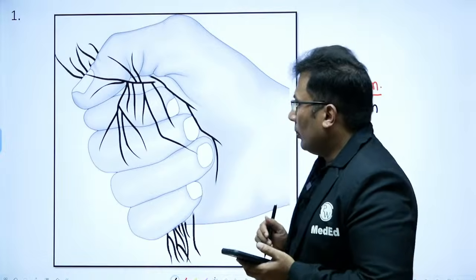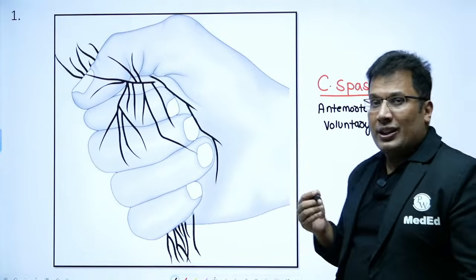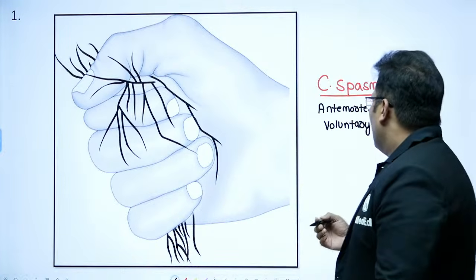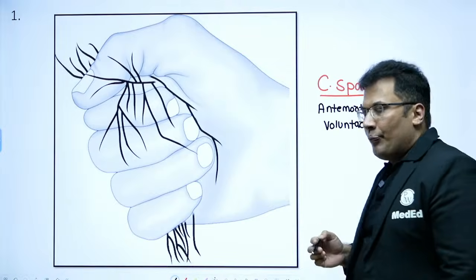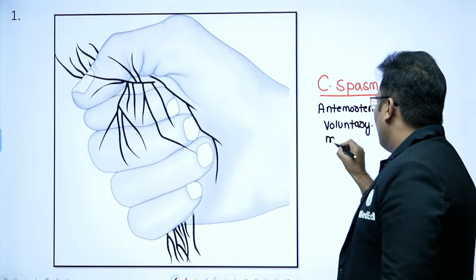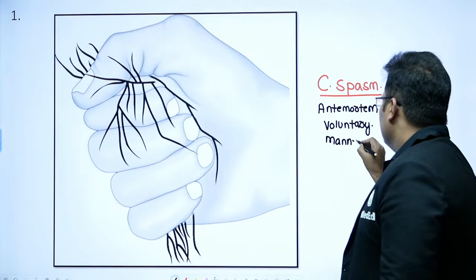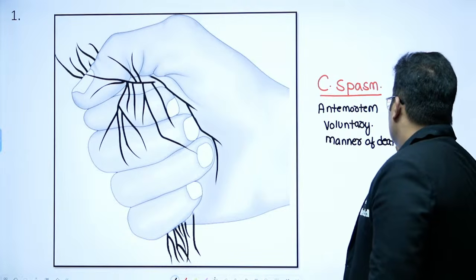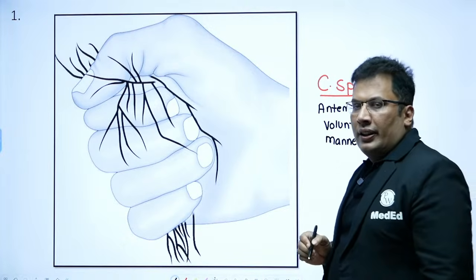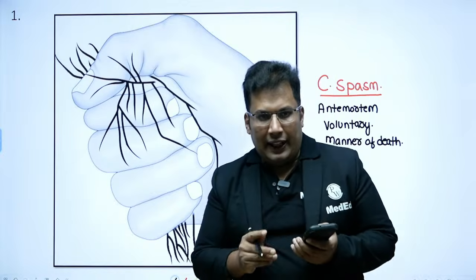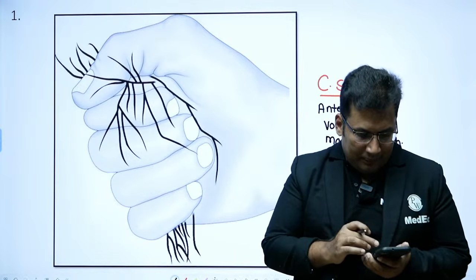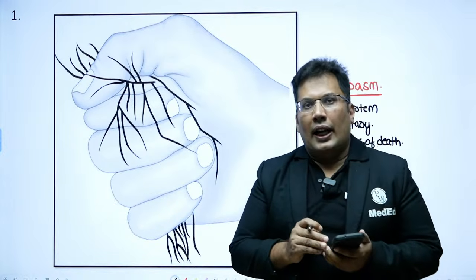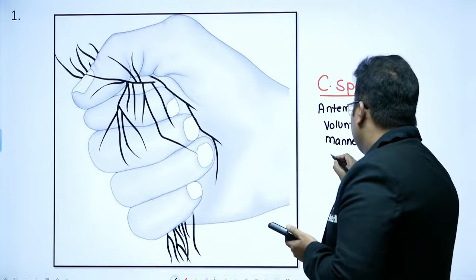So we are talking about cadaveric spasm. Cadaveric spasm is always antemortem and it occurs in the voluntary muscle. It shows the manner of death. The pH is alkaline.